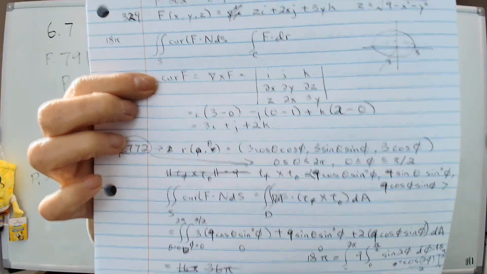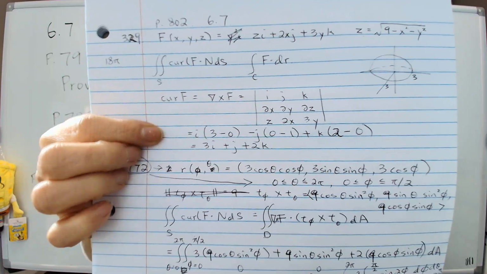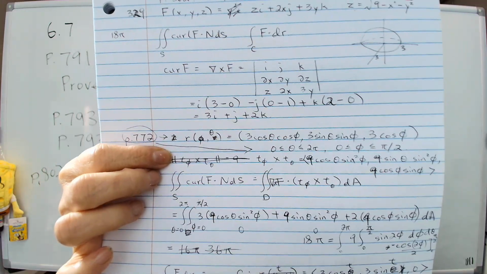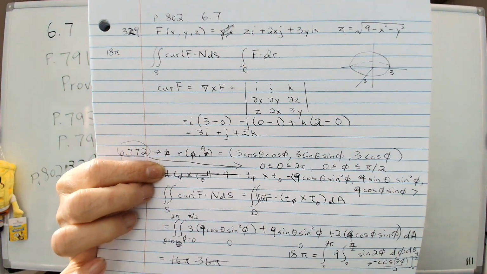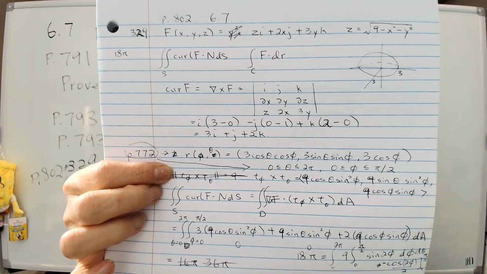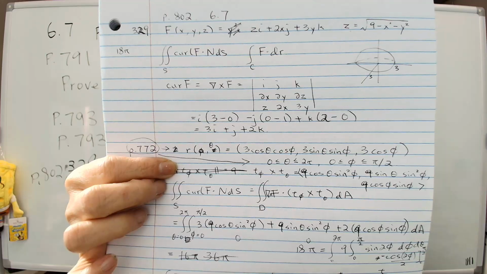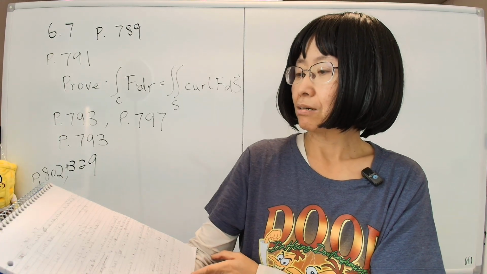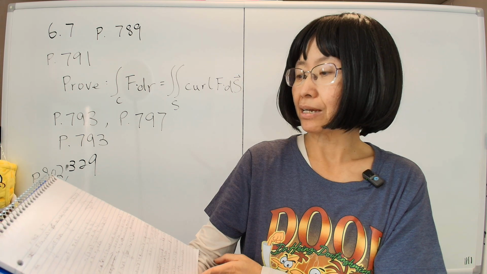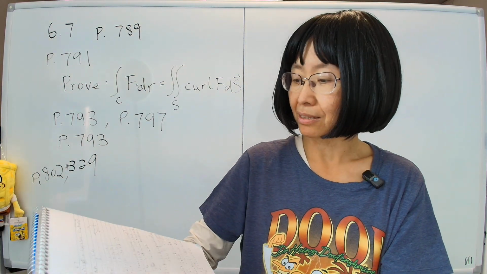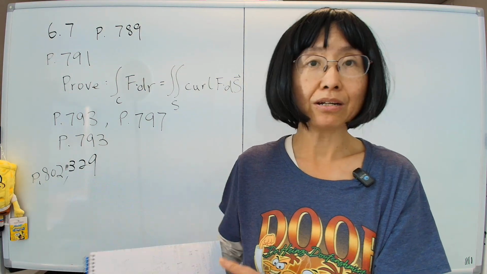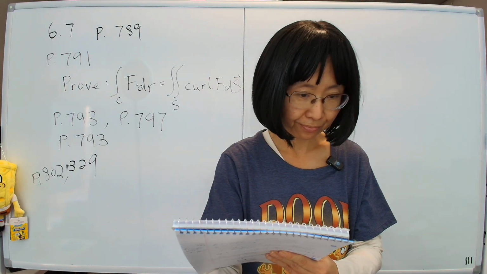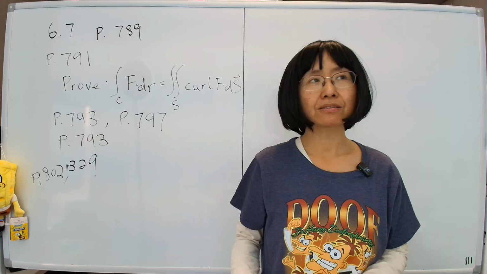So I wrote down curl F by definition, and came out with something like this, which doesn't look too bad, right? And then for this, I did the sphere parameterization, which is probably not the best way, because that's more complicated, whereas the way your book did, which is simply, well, being there's a sphere, I don't know.